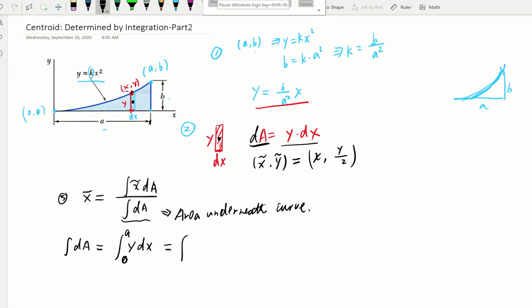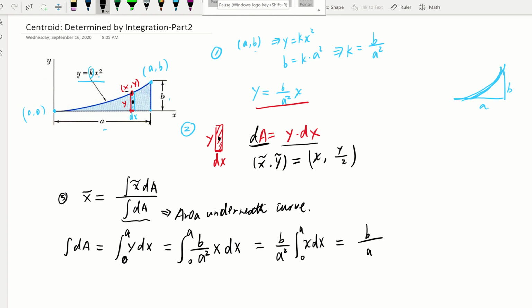Now we are going to replace this y here. y is going to be equal to b over a squared x squared, dx, from 0 to a. Then we can take the constant b over a squared out, and we have x squared dx from 0 to a.